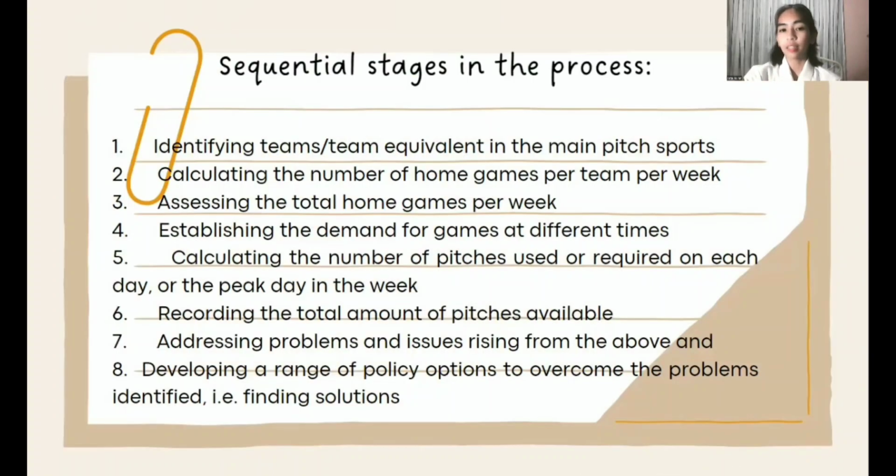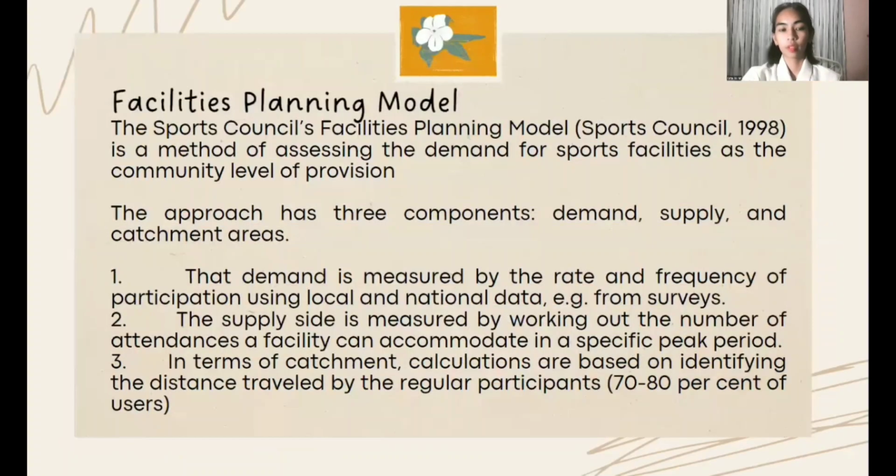It is essential that the methodology is used as a means of understanding the relationship between the demand for pitches and their supply. Its output should be tempered by detailed local knowledge and common sense.